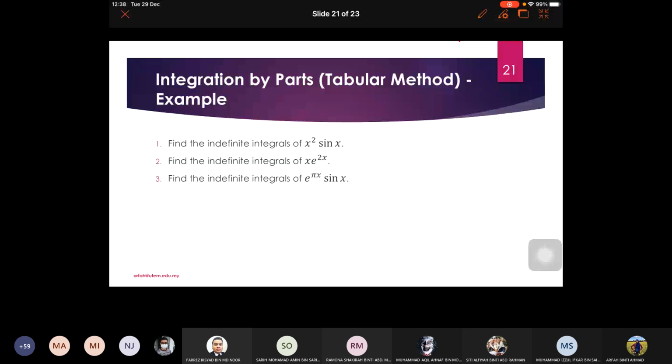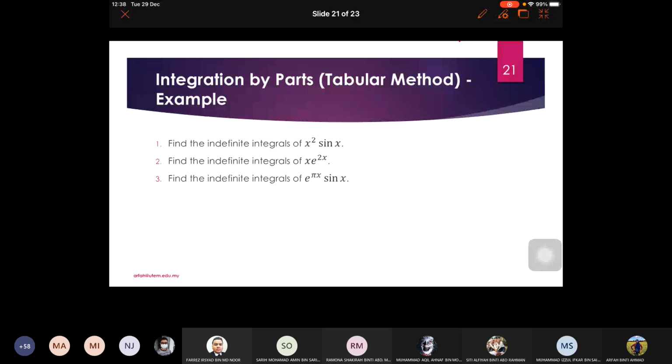And this is your exponential function. So the first one, yang ini adalah x kuasa 2 sin x, yang ini adalah case 2, okay? And polynomial function and exponential function, yang ini adalah case 1.